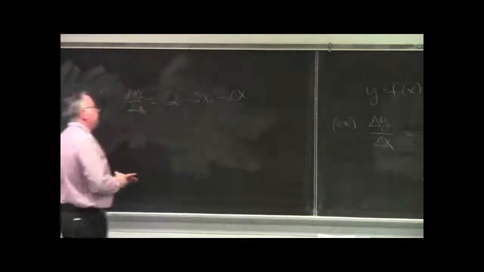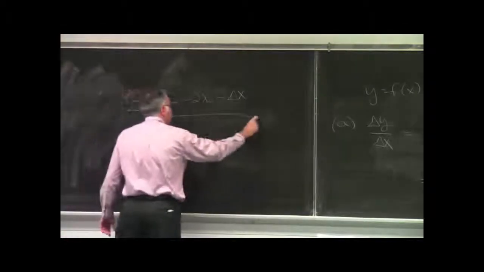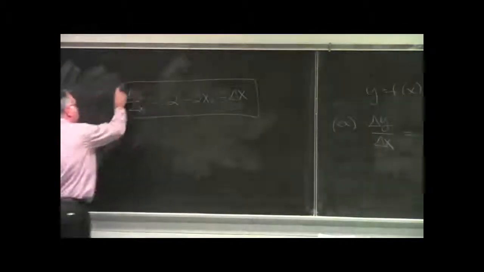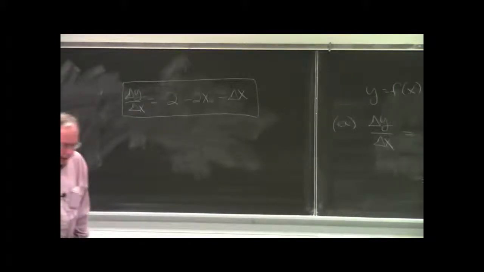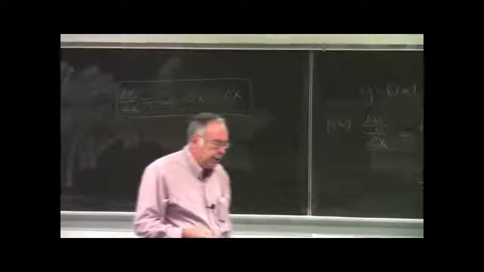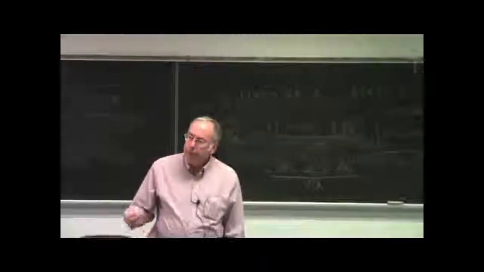That is the difference quotient expressed as a function of x sub 0 and delta x. And what this difference quotient gives you is a formula for calculating the average rate of change of y with respect to x as x goes from x sub 0 to x sub 0 plus delta x.